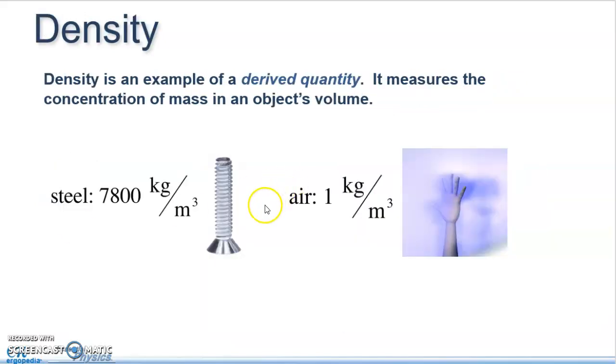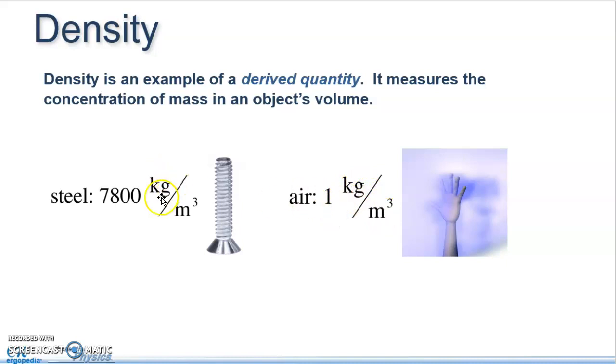All right, density is another derived quantity, and I like the way they present this: the concentration of mass in an object's volume. So here are some comparisons. Steel's density is about 7,800 kilograms per meter cubed, whereas the density of air is about 1 kilogram per meter cubed.